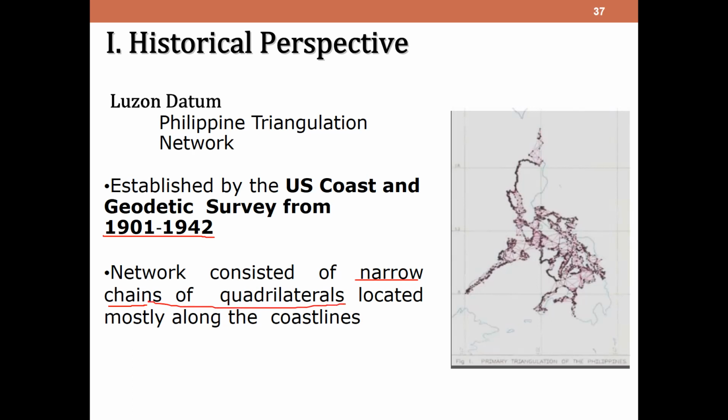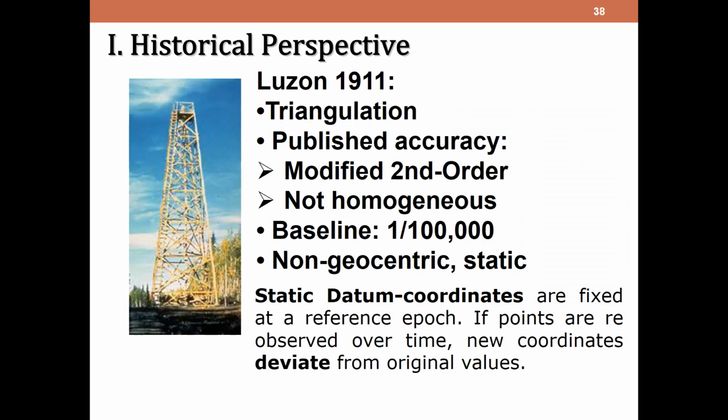Remember in your control survey, they used chains of quadrilaterals. It was mostly located along the coastlines. The Luzon Datum of 1911 has a published accuracy of modified second order, not homogeneous, with a baseline of about 1:100,000.